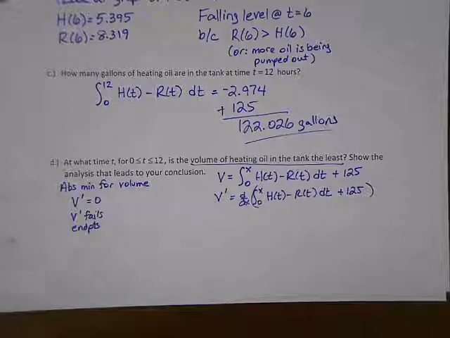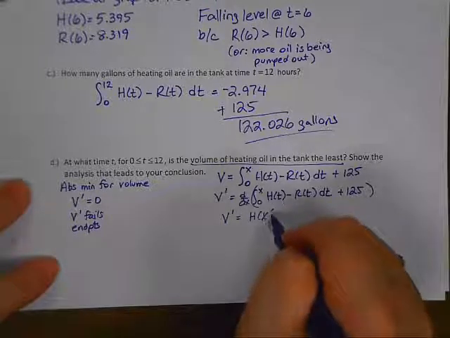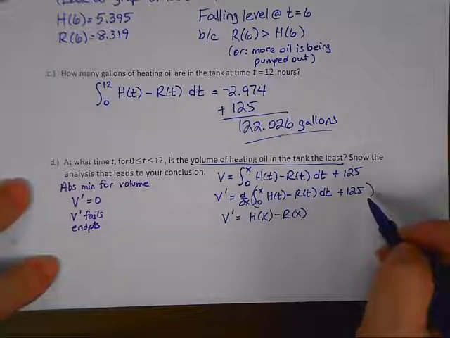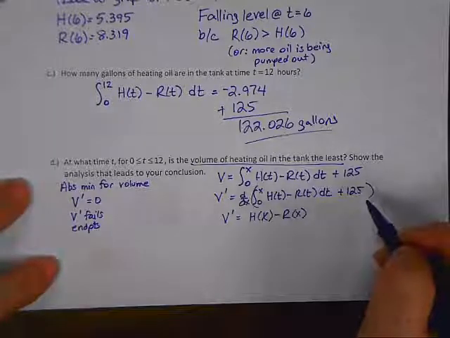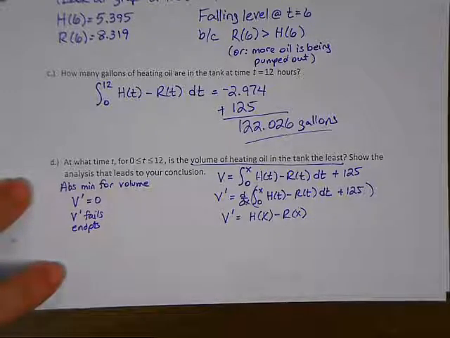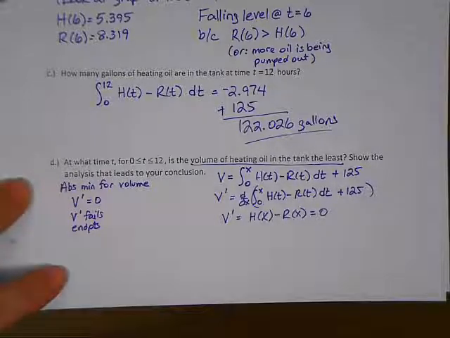They kind of cancel out, and what changes? T's change to x's. So v prime is going to be h of x minus r of x. Now, what's the derivative of 125? 0. So that goes away. Okay, so there's my derivative, h minus r, and we're supposed to set that equal to 0.